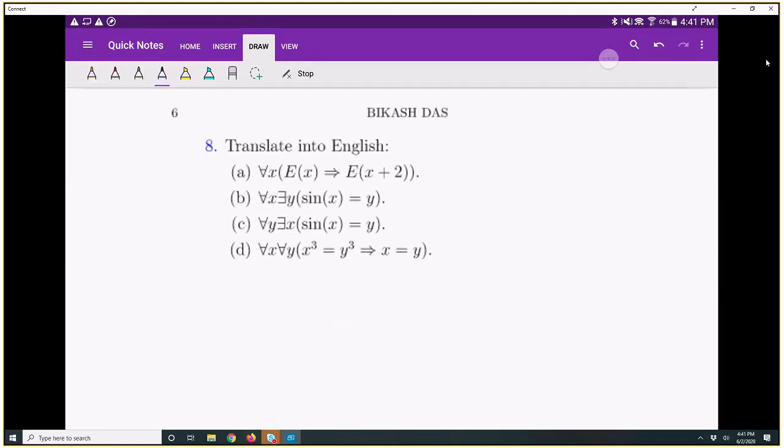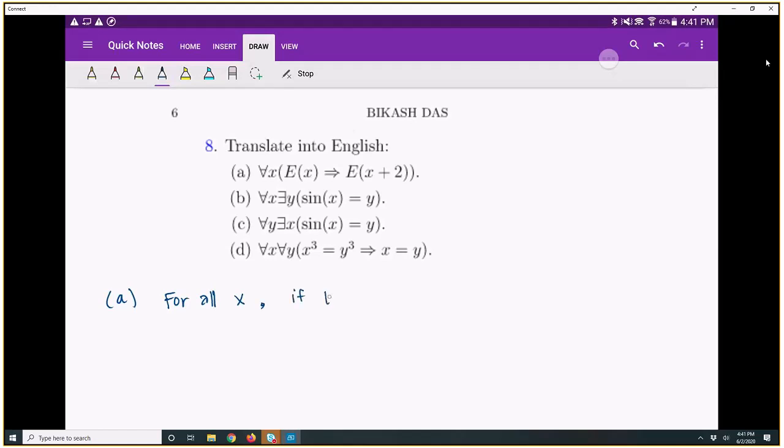Now, we're asked to translate these symbolic logical expressions into English. So the first one, I have the universal quantifier. So I know that that should be for all x or for every x. And then I have an implication inside.